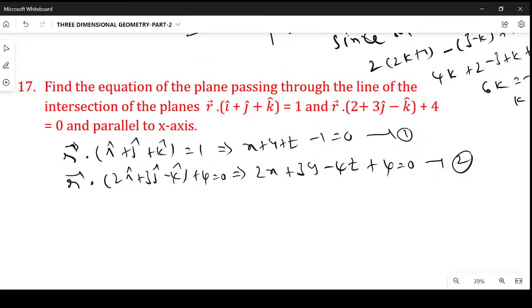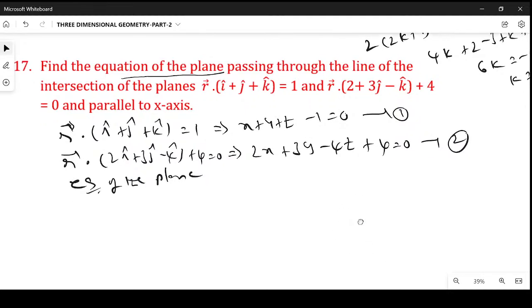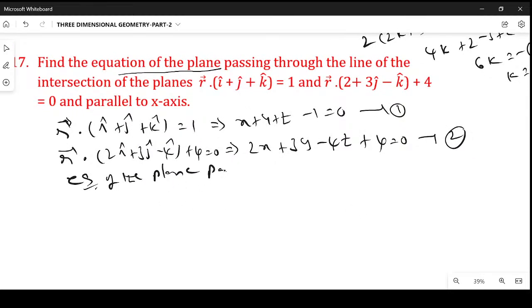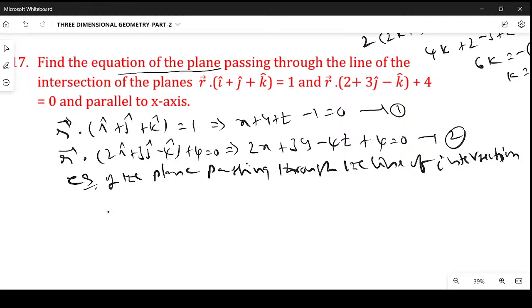So think about it: when they ask for the equation of the plane passing through these two, meaning plane 1 and 2, I can write the equation of the plane passing through the line of intersection of 1 and 2.